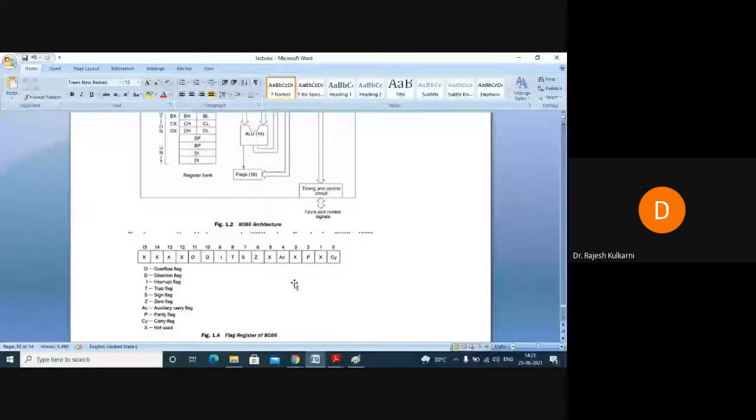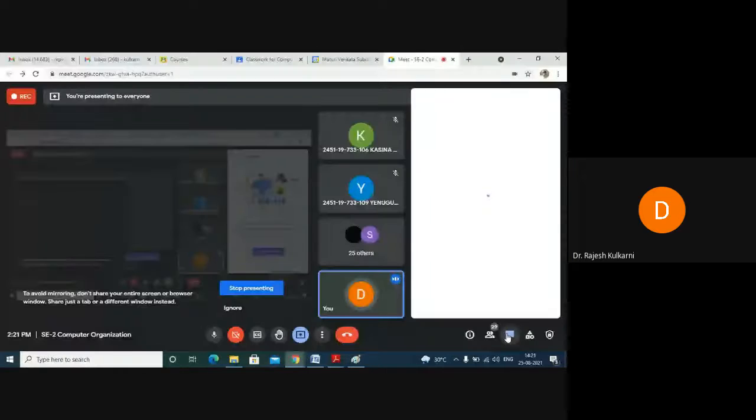If you look at the flag registers, you can divide your flag register into two categories. One is the condition code or the status flags. The other one is the control flags. So these are the two categories. Both the categories I will be mentioning in the chat window so that we can have an emphasis on that.